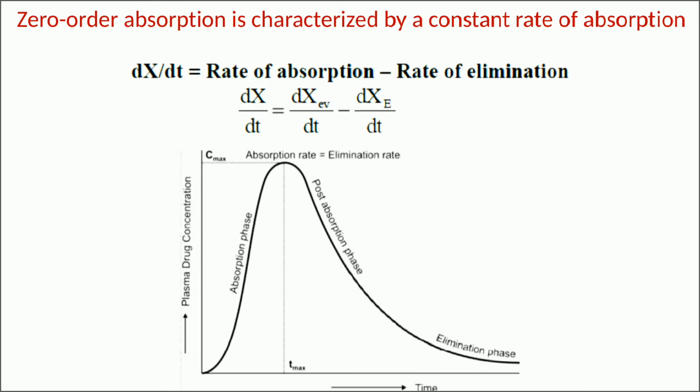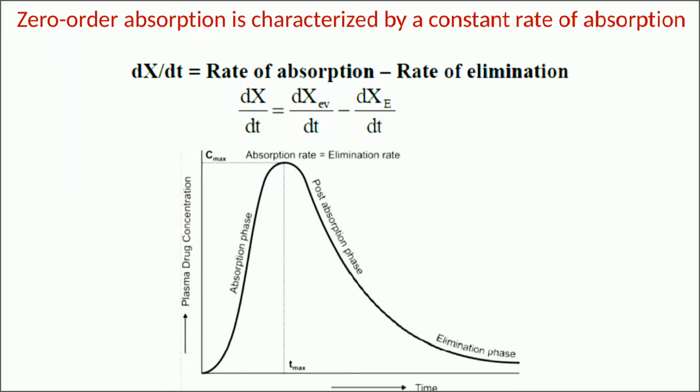Now this particular graph would help you to understand how the drug behaves when it follows zero order absorption. Initially the drug concentration is 0, then with increase in drug administration and bioavailability, it goes to the highest level, that is the maximum concentration, where the rate of absorption becomes equal to the rate of elimination.